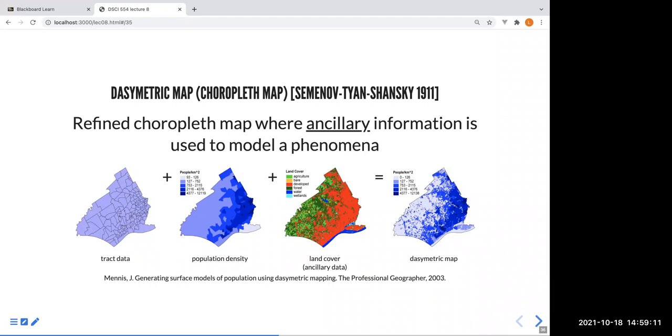Obviously you need to do some math to get to this point, and that's the process called dasymetric mapping, which ultimately gives you this asymmetric map on the right that is more refined based on the land cover information.